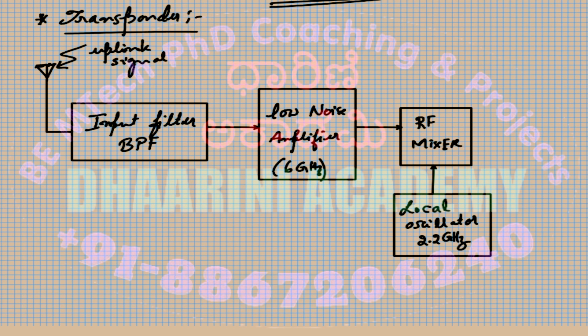Most of the time, because the signal's strength is pretty much less over here, you can use a filter, followed by what is called an amplifier. So select only that frequency which you want.